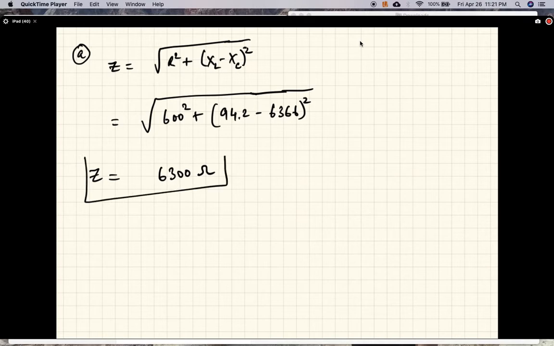So Z is 6,300 ohms, I guess. And as you can see, most of the contribution is coming from the capacitive impedance.